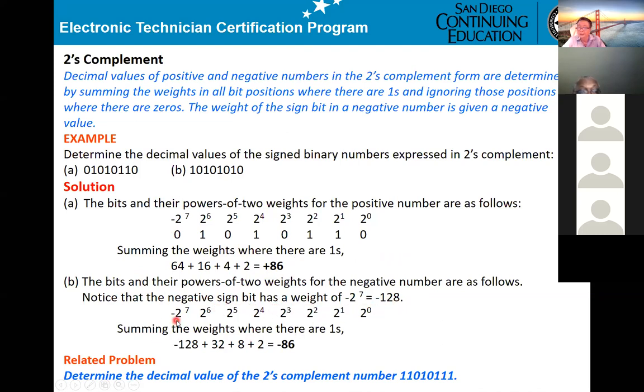So you can do the same for any number, like you get 1, 0, 0, 1, 0. That number will be equal to 32 plus 8, 40 plus 2, 42. However, the first one you get a minus 128. And finally, you come up with minus 86.